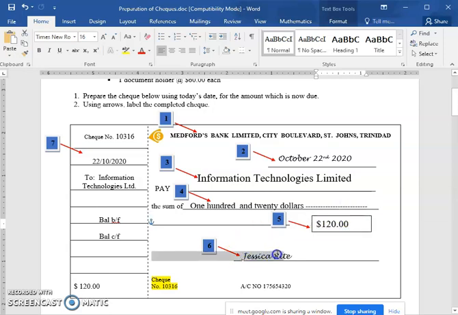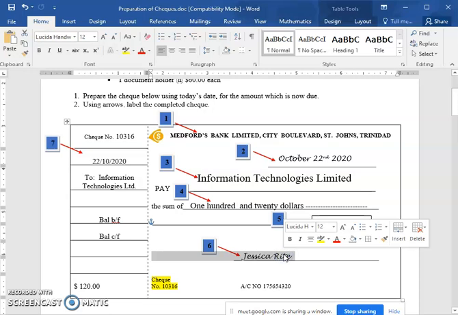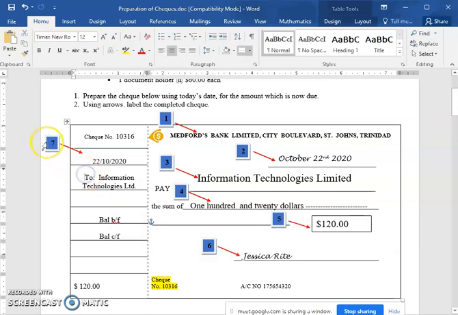Number 6, the name of the drawer, the person who has issued the check, and the person whose account is going to be debited. Number 7, the check counterfoil, which is the section of the check that remains in the drawer's checkbook, and the drawer will tear the check along this perforated line and give the check to Information Technologies Limited.